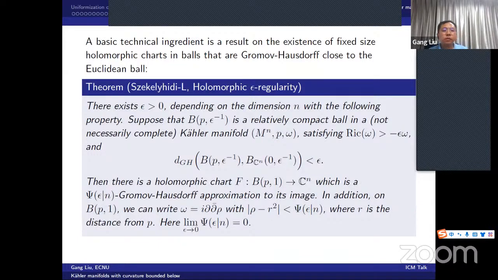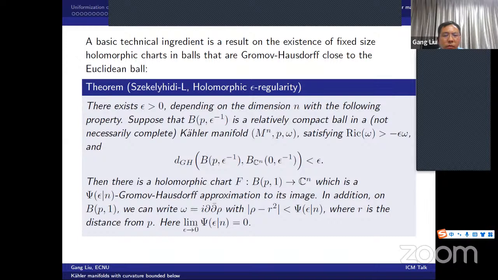So there exists epsilon greater than 0 depending only on dimension such that the following holds. Assume this ball with radius epsilon to the -1 is close to the ball in Cn, with the same radius. Then we can find a fixed size holomorphic chart.